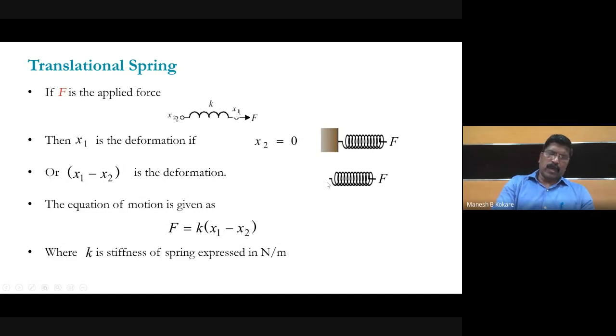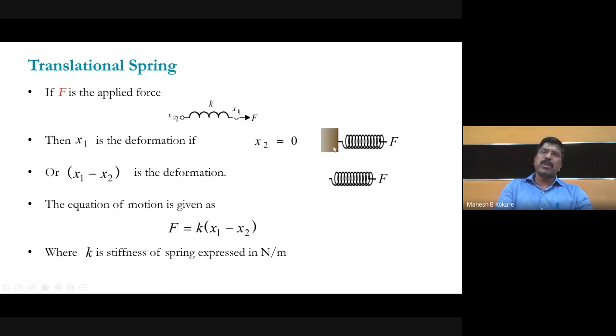But if the other end is not fixed, for example if x2 is not fixed, then this equation will be k into x1 minus x2. I hope you have understood how to find the mathematical equation of this spring. The spring has two ends, x1 and x2.